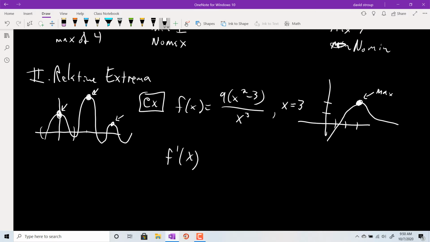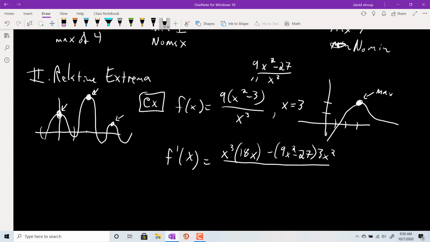Let me rewrite this as 9x squared minus 27 all over x cubed. Okay, so low x cubed d high 18x minus high 9x squared minus 27 d low 3x squared all over the low squared.